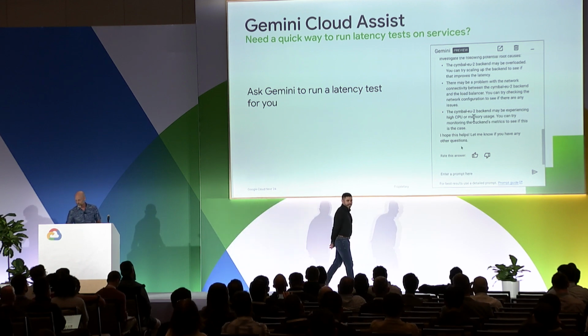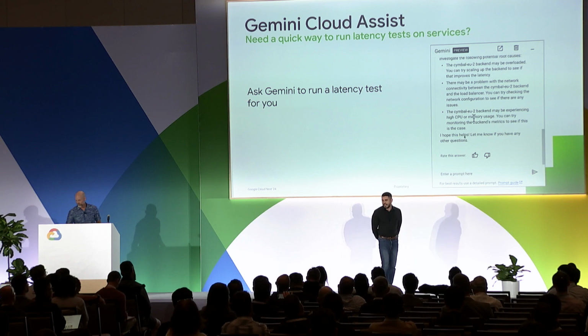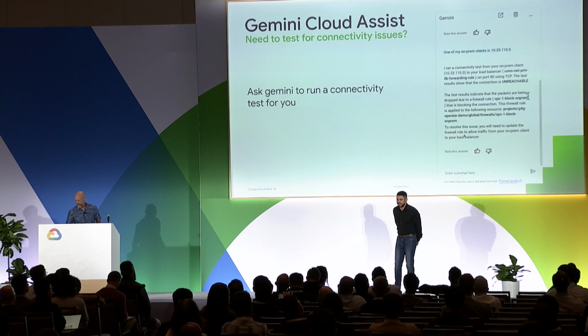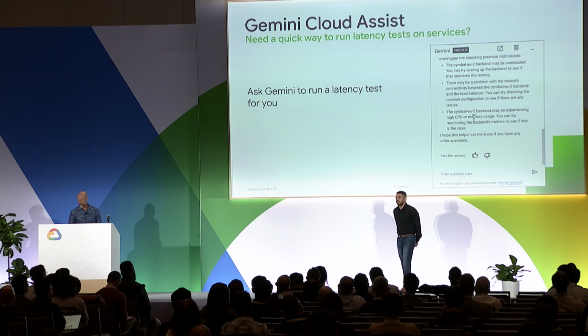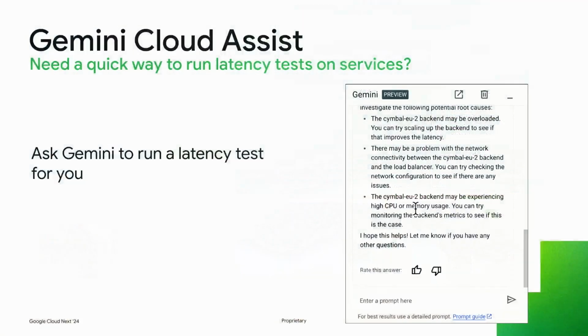So what happens here is if you were to ask Gemini to run a latency test, Gemini is able to look amongst all the playbooks that we've fed it. And these playbooks might be a set of instructions on what to go do when you're seeing a certain type of signal or a certain type of issue, and what steps you need to take to validate that root cause and pull a bit more information back.